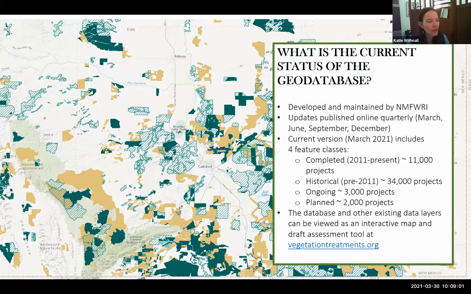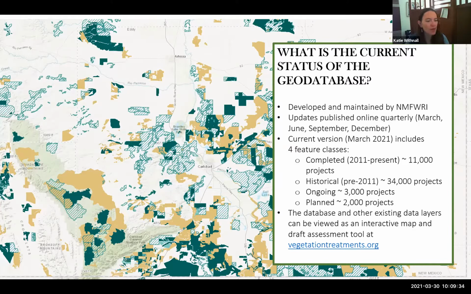The public version of it lives online in the ArcGIS Online web app at vegetationtreatments.org and is also available as a feature service on ArcGIS Online, which can be downloaded. I publish new versions of the data set quarterly, March, June, September, and December. The most recent version, published last month, includes over 50,000 projects in 4 map layers: completed, in progress, historical, and planned.